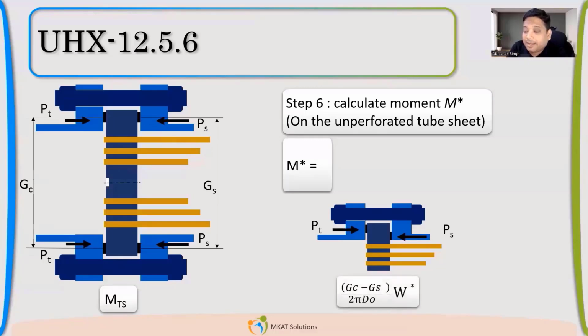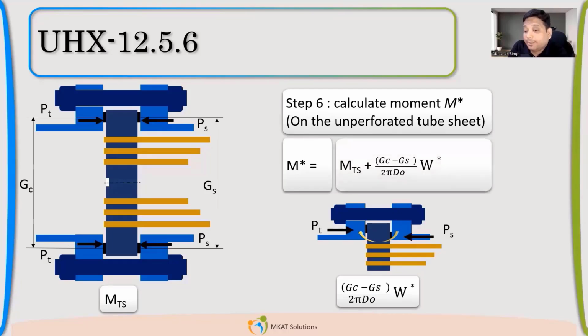So no moment. But if it is differential, like you see in the right-hand figure here, if there is a differential gasket reaction, then there will be moment because of the bolt load. It's a couple, so it will exert additional moment on the unperforated portion.